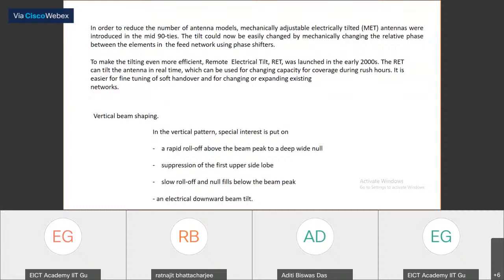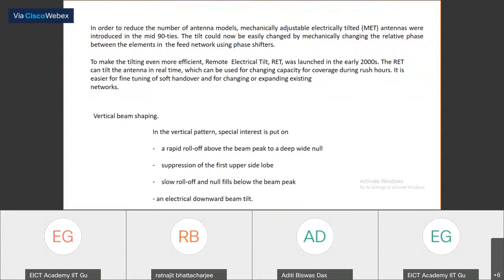Suppression of the first upper side lobe: these side lobes are spurious emission and may interfere with other systems, so you want to suppress the first side lobe.